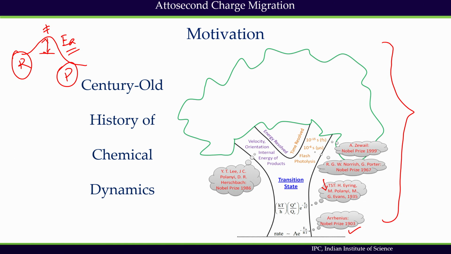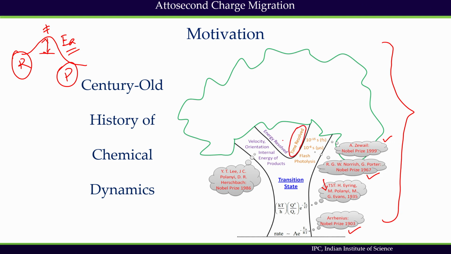With this goal, for the first time by the 1960s, we were able to monitor chemical transformation in the microsecond time scale, done by Norrish and Porter. We discussed these things, and by the 1980s, Ahmed Zewail's contribution and others' contributions enabled us to monitor chemical dynamics in the femtosecond time domain. So, that was the time resolved study of chemical dynamics.